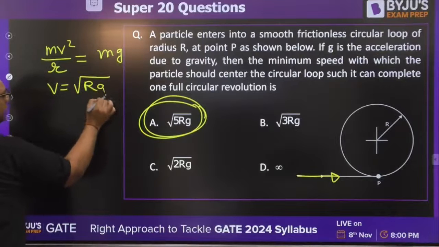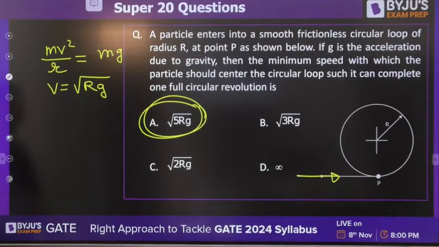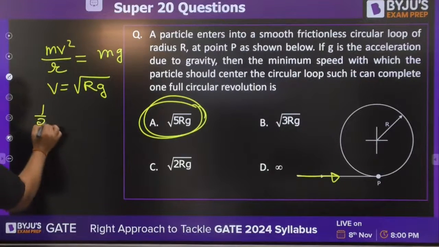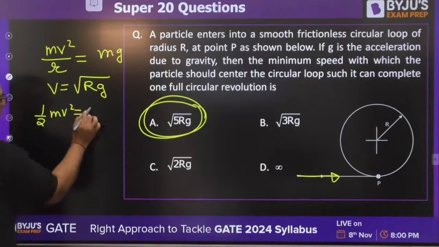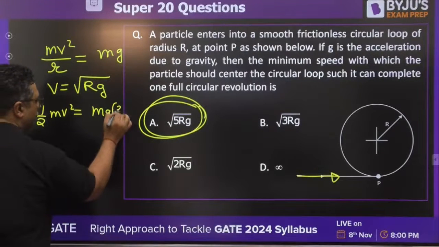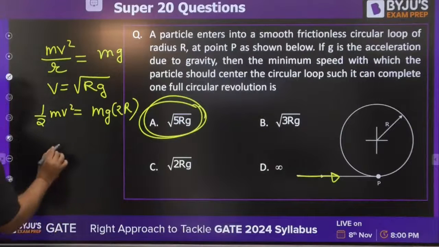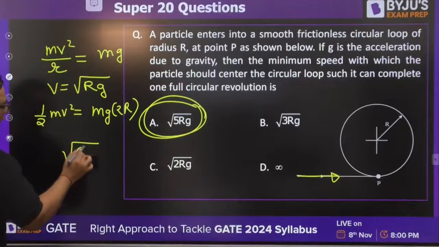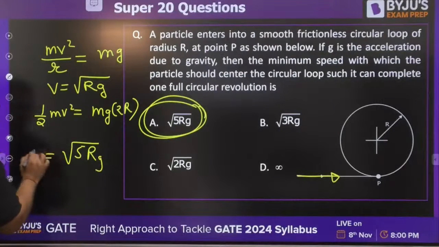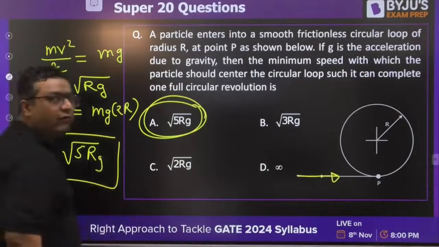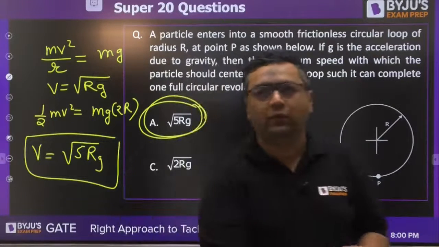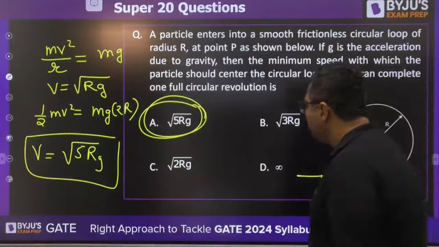Then you will apply half mv square is going to be mg into 2r. Then you will be getting the answer to be root 5 rg. Is it the way you have gone through? Yes. Very good. So the answer is A for this.